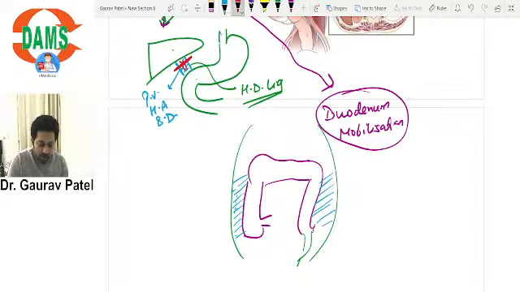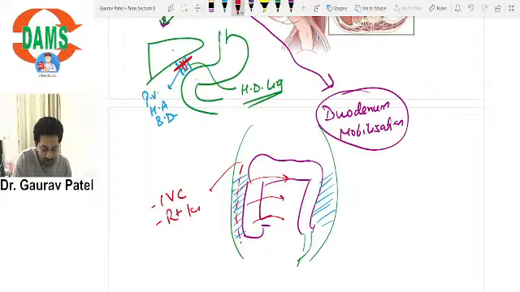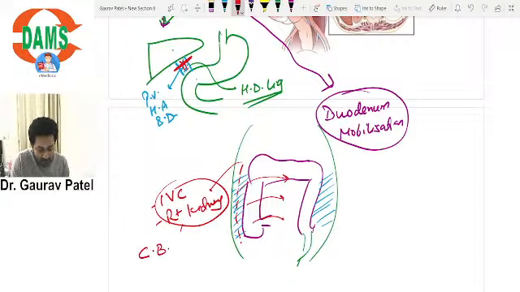When you mobilize this, you push this part towards the midline, so that on this side you can see the IVC and the right kidney. This is known as right medial visceral rotation, the Kattle-Braasch maneuver.